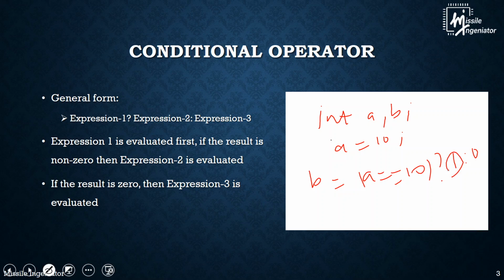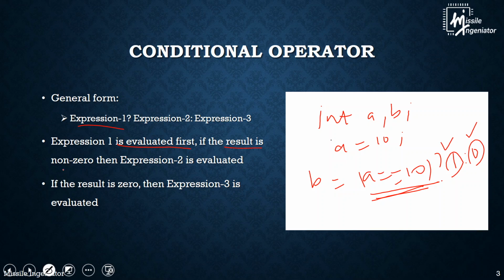Instead of giving 1 or 0, you can also evaluate some expressions. If the result is true, it gives a non-zero value; if it is false, the result is 0. Expression 1 is a equal to 10, which is evaluated first.